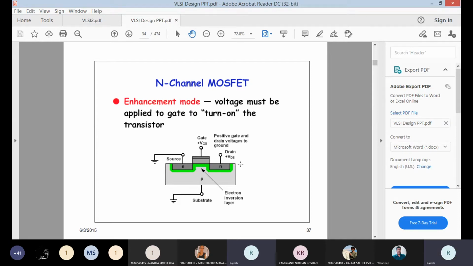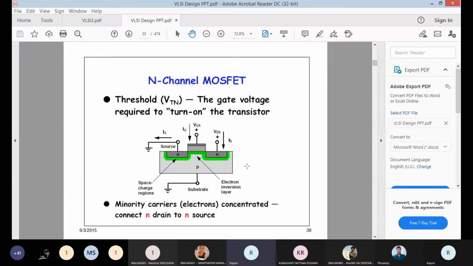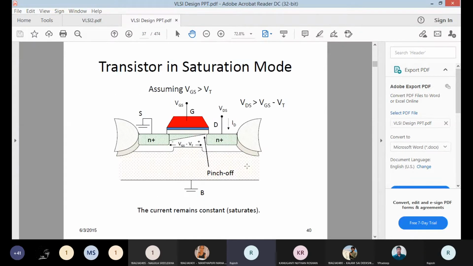We have applied VGS and we have applied VDS. Threshold voltage is VTN. In the saturation region, when VGS is greater than VT and VDS is greater than VGS minus VT, you can see pinch off. The corresponding drain voltage is called the pinch off voltage, the drain voltage at which pinch off occurs and current remains constant. That is called pinch off.